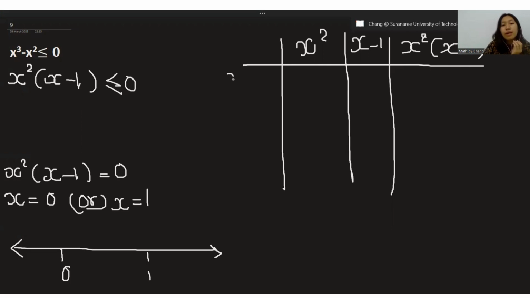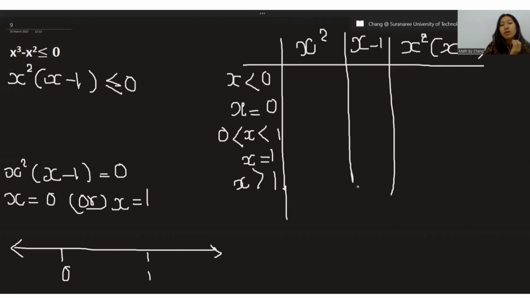So we consider five cases: when x is less than 0, the second is when x equals 0, and the third is when x lies between 0 and 1. The next is when x equals 1, and the last is when x is greater than 1. All right, so here is what you have got.